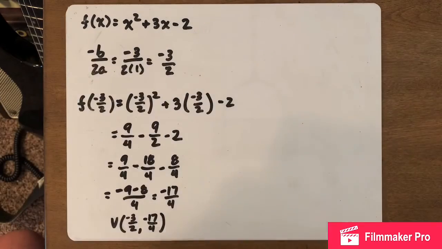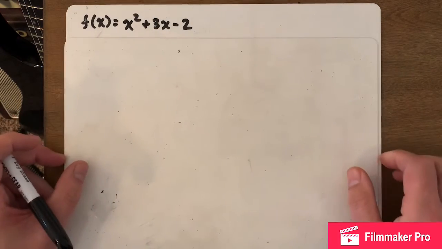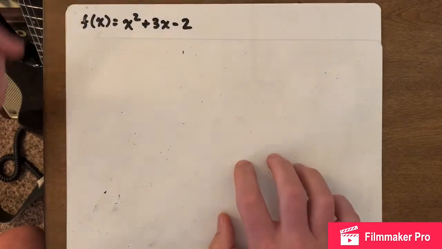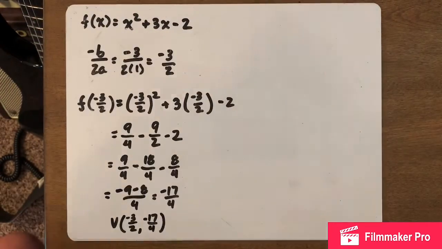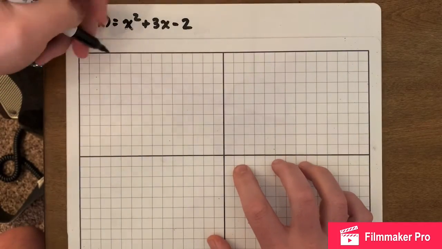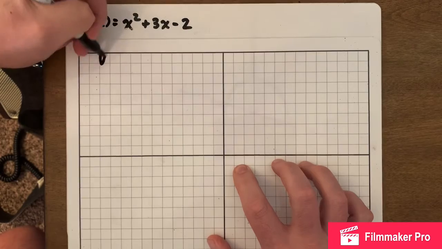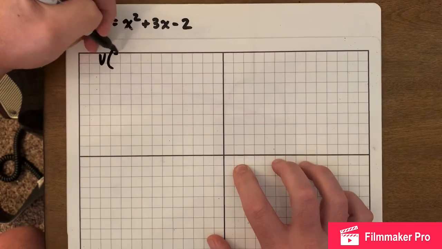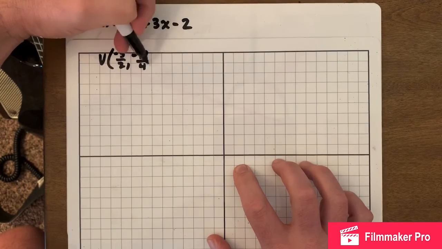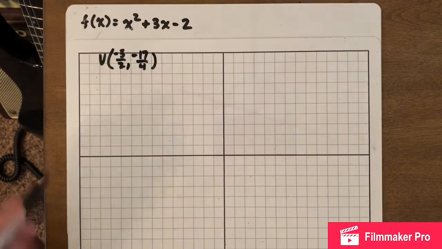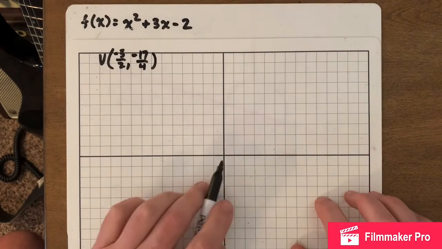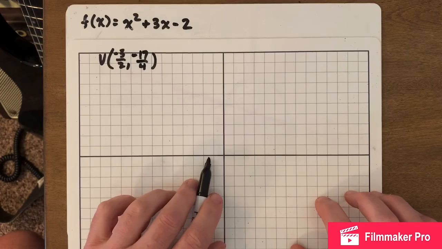So I have x squared plus 3x minus 2. If I remember, the vertex was at negative 3 halves, comma, negative 17 over 4. Negative 3 halves is easy, that's just negative 1.5, so I'm going to go over negative 1.5 right there.